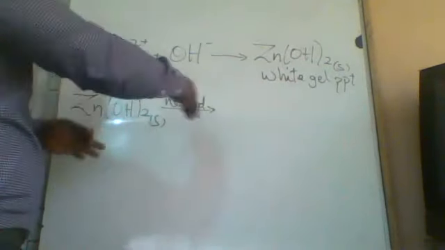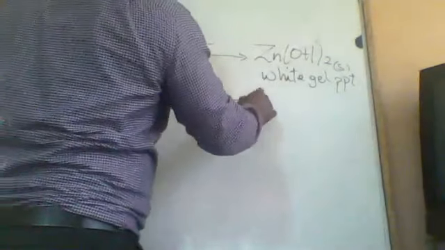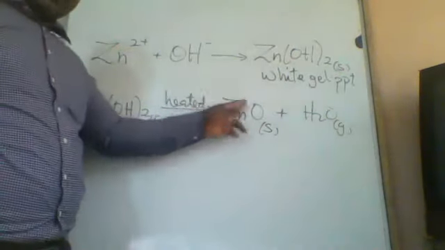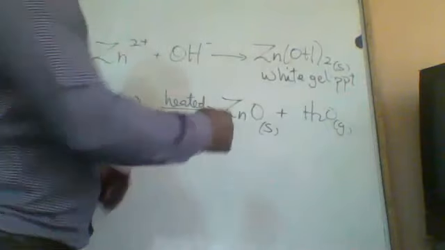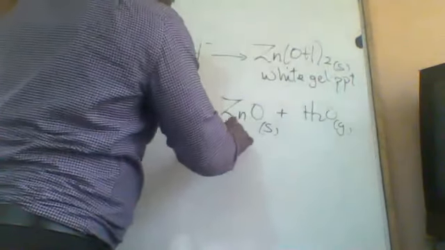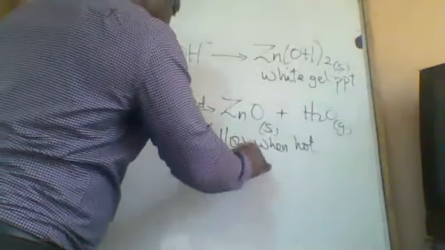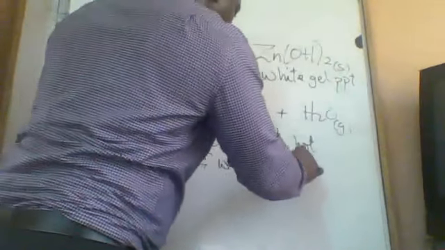And this substance will decompose to form zinc oxide and water vapor. So water will be liberated. Now, the zinc oxide, which is a residue, is yellow when hot and white when cold.